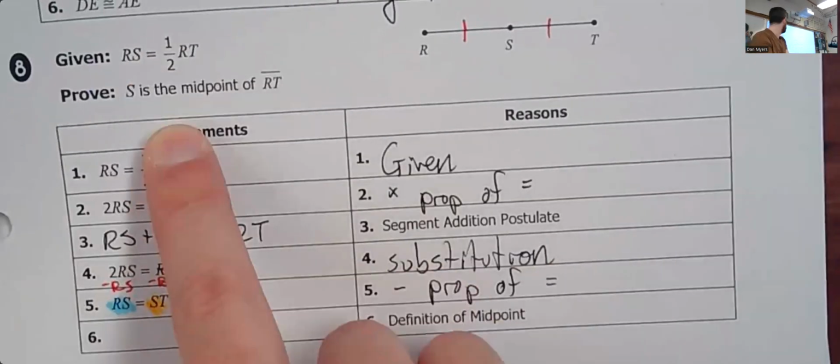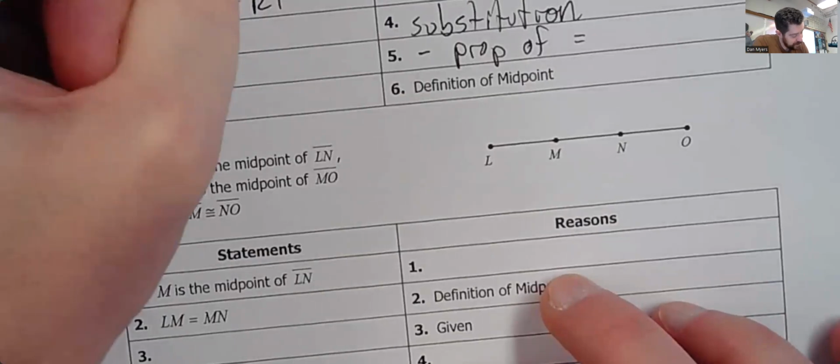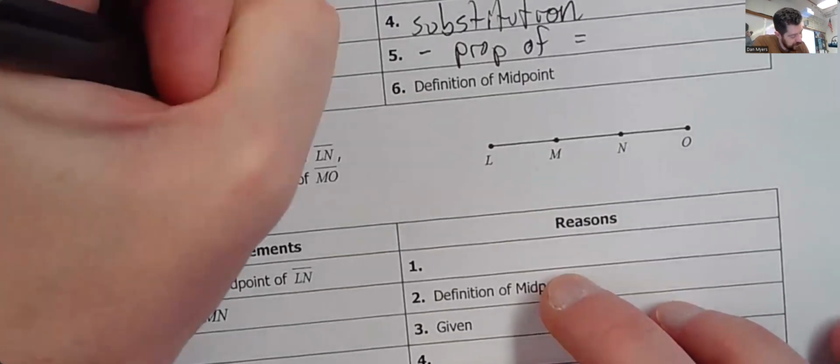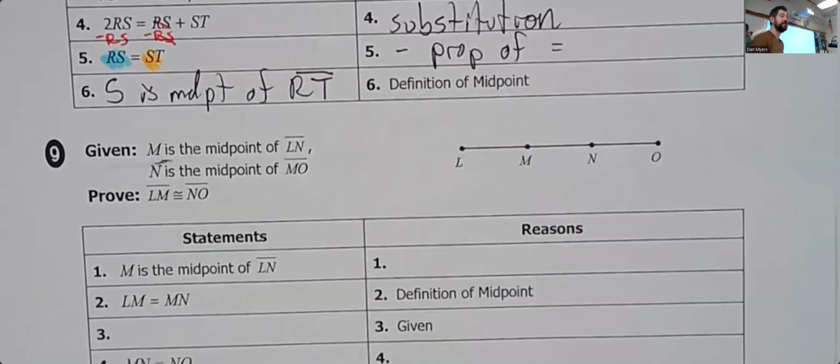Your last statement is always the thing you want to prove. Okay. So S is the midpoint of segment RT, because of the definition of midpoint. So we didn't actually use transitive on that one. This is one of the few ones we didn't use transitive with.